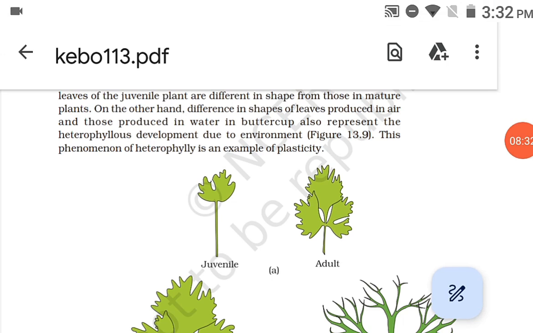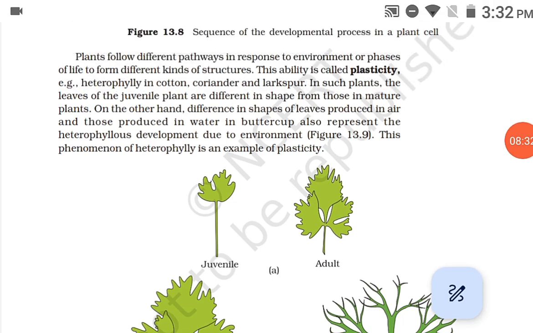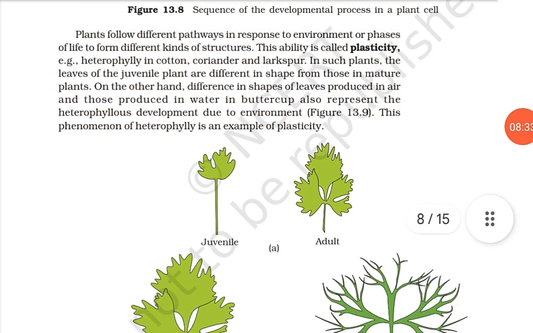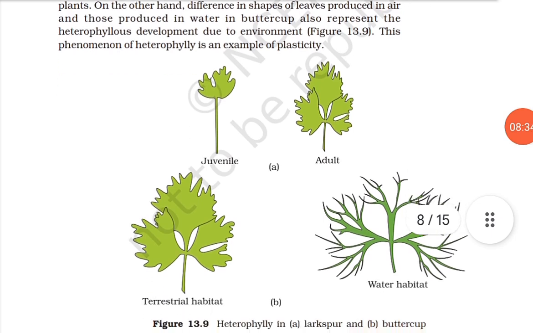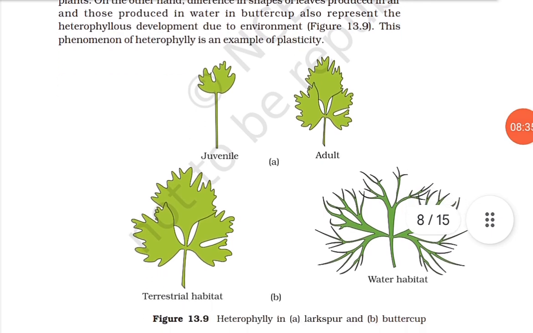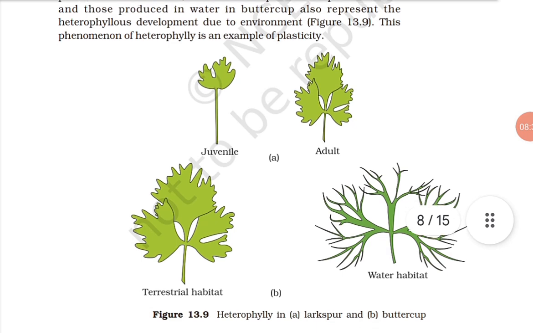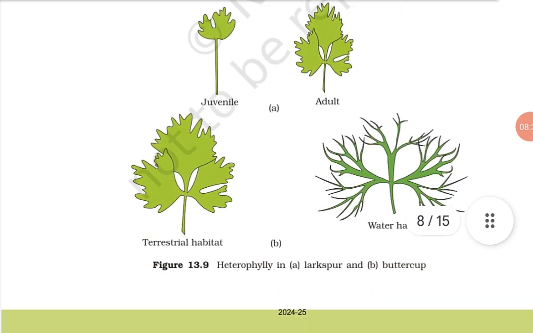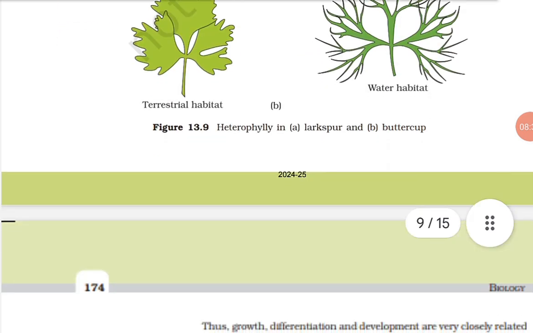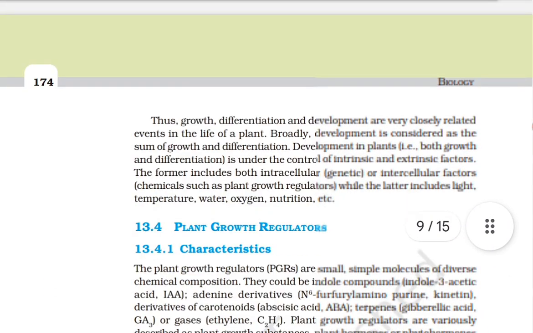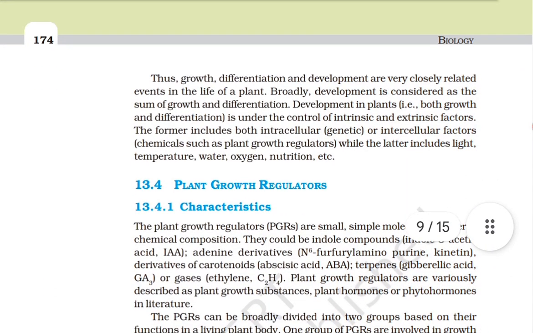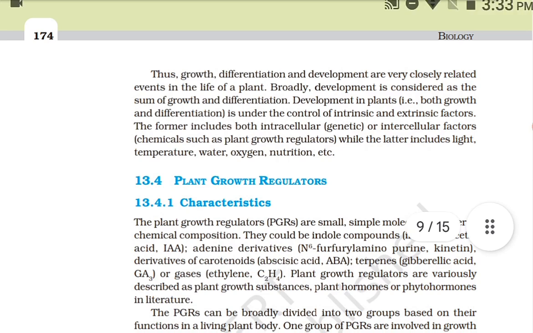Growth, differentiation and development are very closely related events in the life of a plant. Broadly, development is considered as the sum of growth and differentiation. Development in plants, that is both growth and differentiation, is under the control of intrinsic and extrinsic factors.